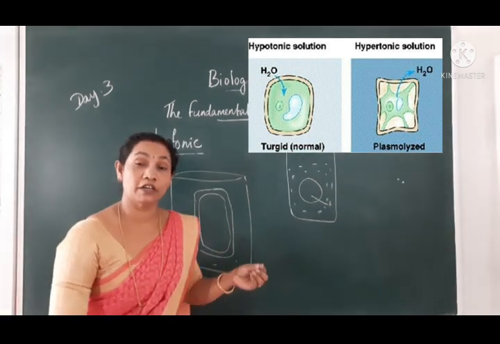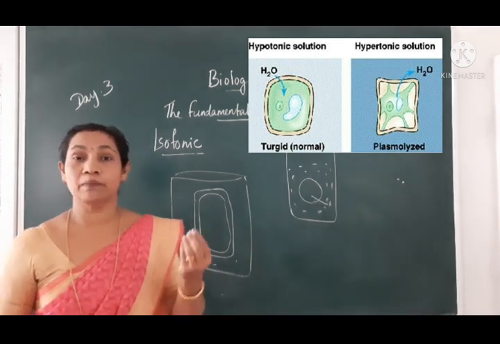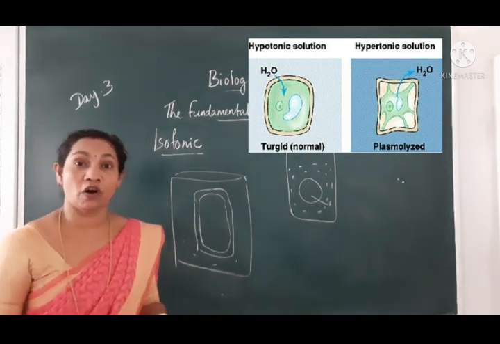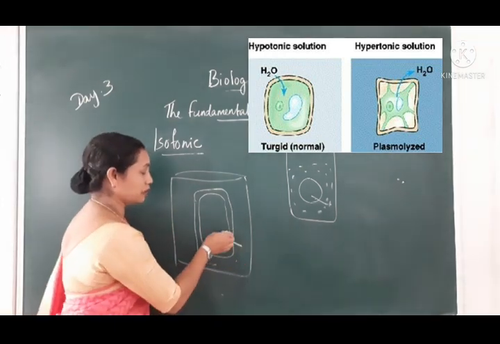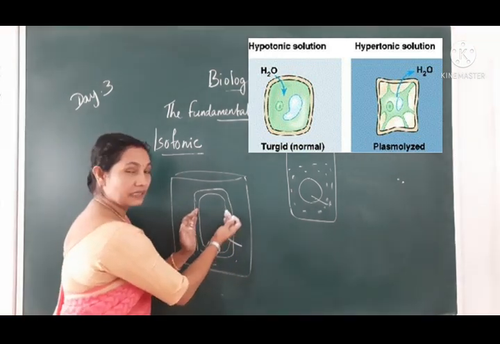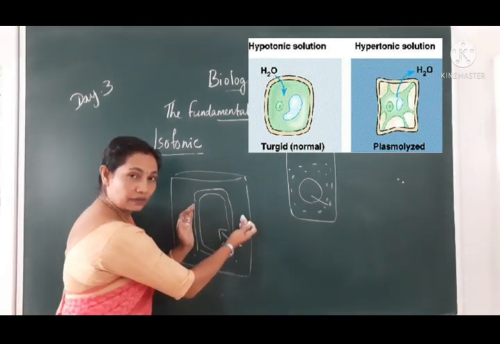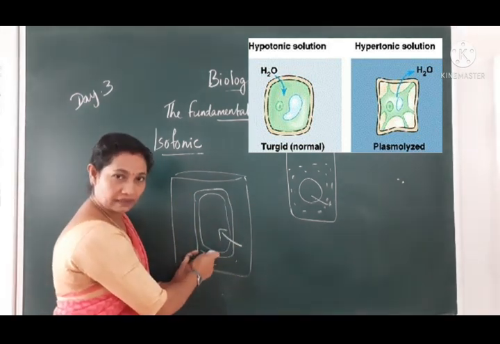Okay, due to the presence of this rigid cell wall, when a plant cell is placed in a hypotonic solution, what will happen? The water molecules move into the cell and as a result, the cell bulges out. But here, the rigid cell wall is present.